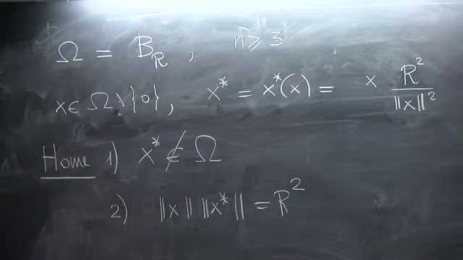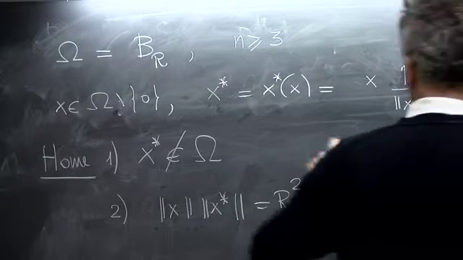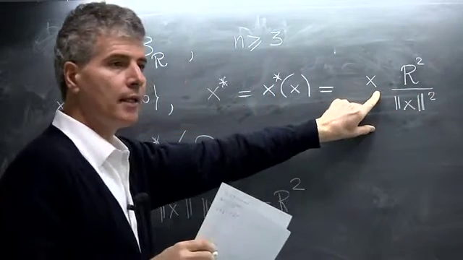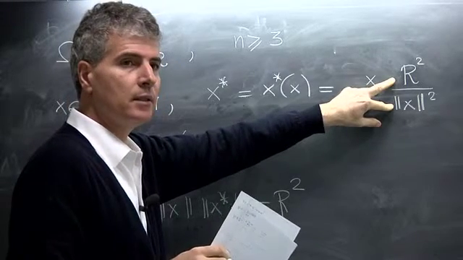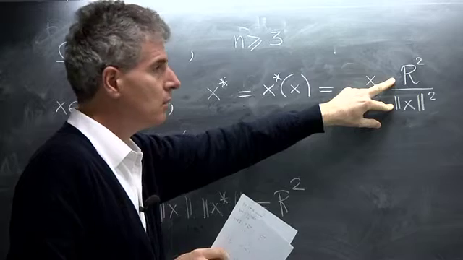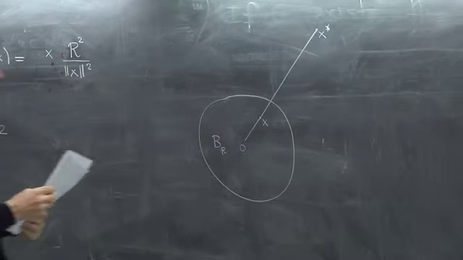This is the origin. And this point, say, is x star. You see, x star is along x, same direction, but with a different length, depending on x.